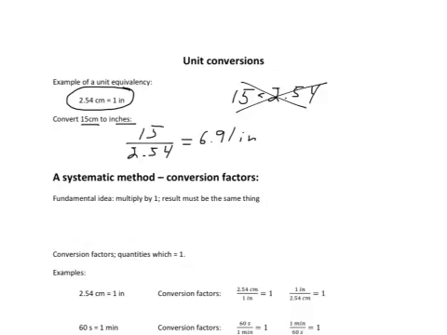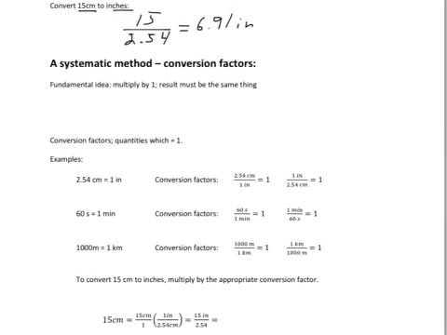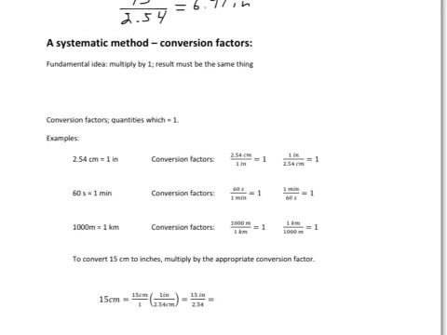The fundamental idea behind unit conversion factors is a very simple concept, and it's simply multiply by 1. So, for instance, 15 centimeters times 1 equals 15 centimeters. A simple fact from mathematics that everybody knows. Well, now this doesn't get me anywhere, but the idea here is, what if I have a different way of expressing 1?